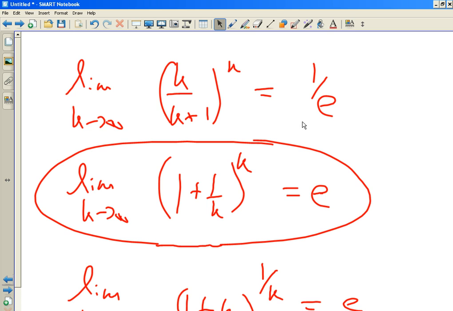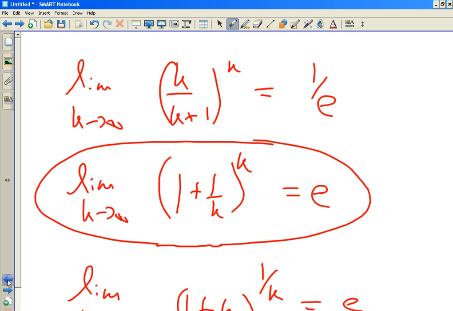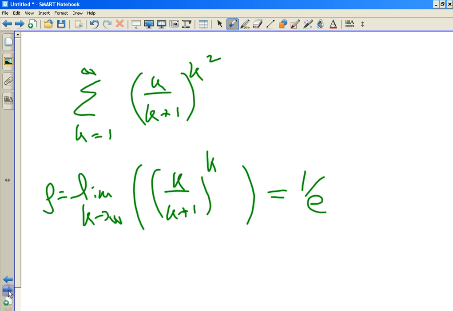It's the same one, isn't it? Ah, it's the same limit. All right, so we don't have to do it again. If you recognize this limit, just write it down. Everyone on the AP is supposed to know this limit. It comes up a lot. If you know these two, you're in business. Guess what? It just came up again.